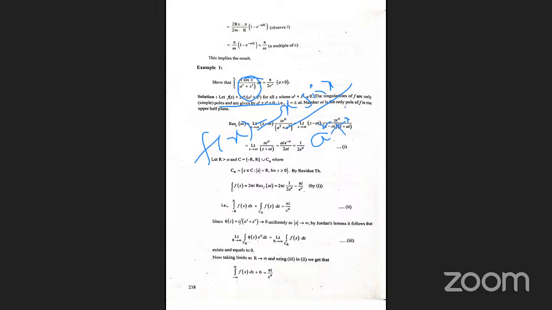So we are changing to f of z equal to z into e power of iz by a square plus z square, for all z where the denominator is not equal to 0. Now if the denominator is not equal to 0, then the singularities of f become what is the singularities?